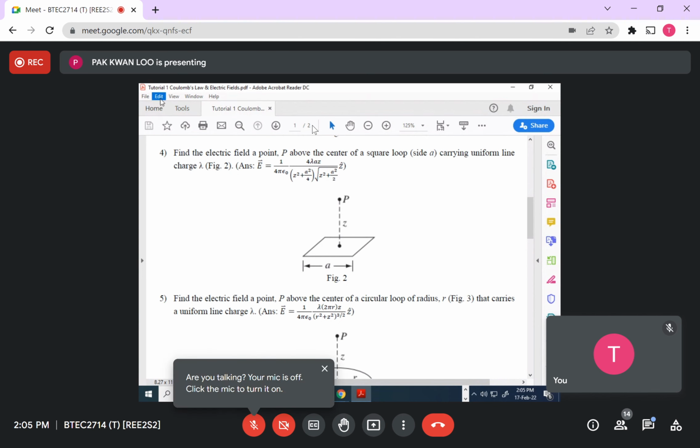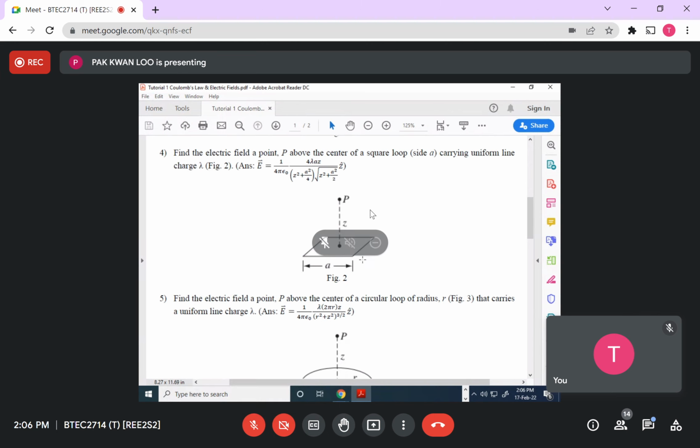Let's say the loop here carries a uniform line charge of lambda. So each of these arms, each of length a, has a line charge density of lambda.